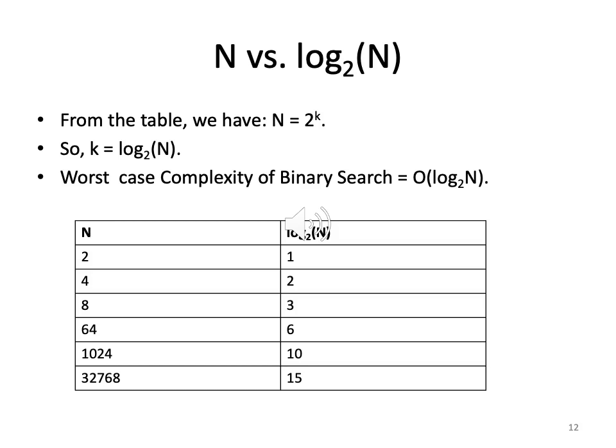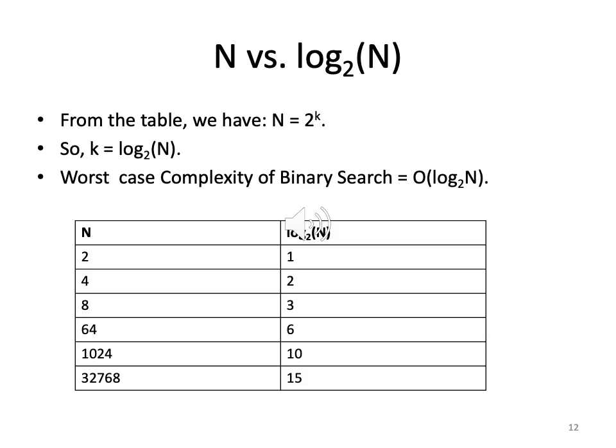So 2 raised to k is n, therefore k is log n, log to the base 2. Because k is the number of operations for input size n for binary search, we say the complexity of binary search is of the order of log n.